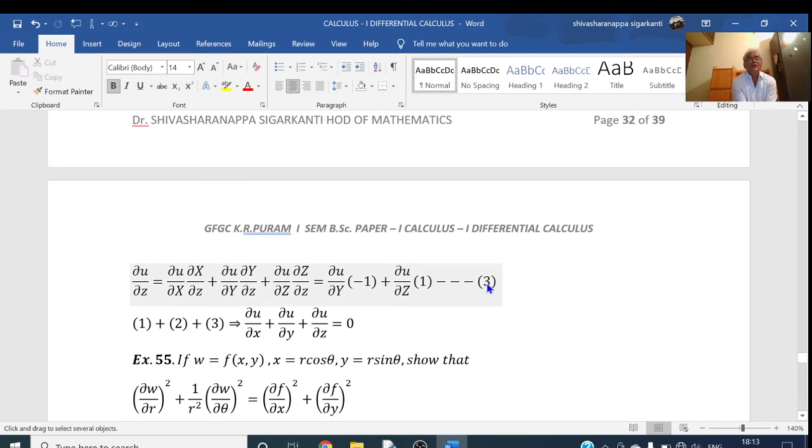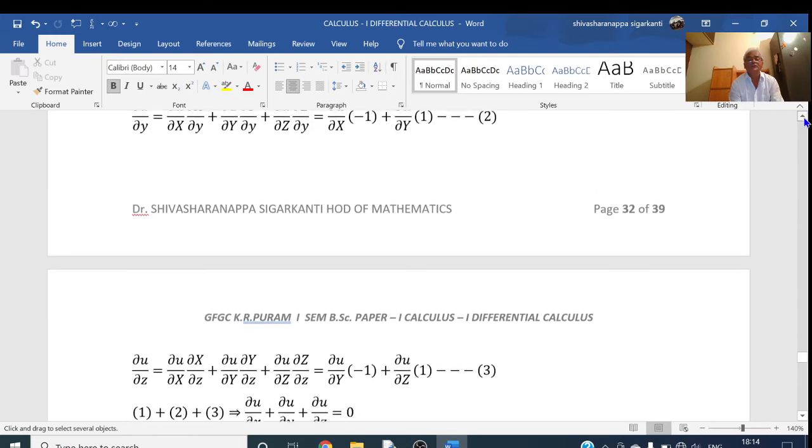Then adding 1, 2, 3, the left hand side becomes ∂u/∂x plus ∂u/∂y plus ∂u/∂z. And what about the right hand side? On the right hand side, all the terms get cancelled.